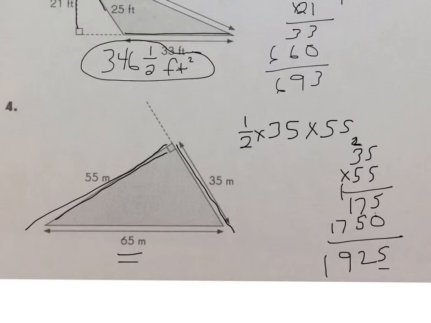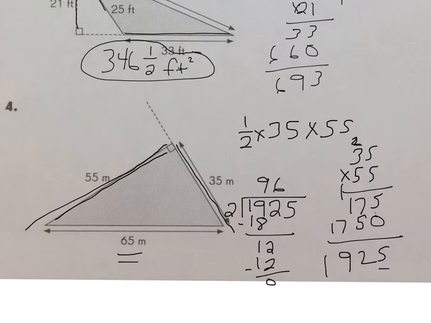So I'm going to do 1925 divided by 2. 2 goes into 19 9 times. 9 times 2 is 18. Subtract that out, that's 1. Bring down my 2, that's 12. 6 times 2 is 12.